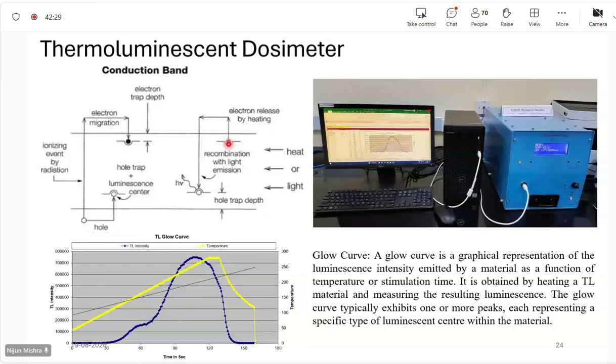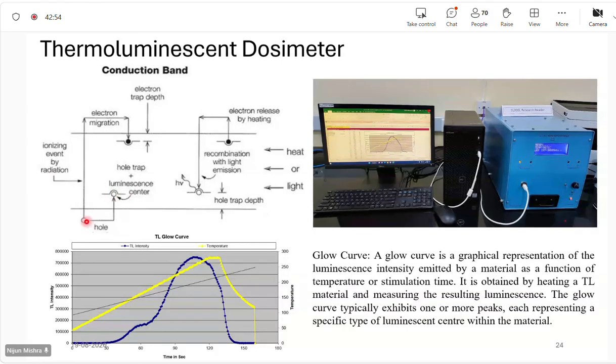When an electron is lifted, in order to fill this vacant place, an electron from this luminescent center comes and rests here. So at a time there will be no vacancy, no holes, all are electrons.